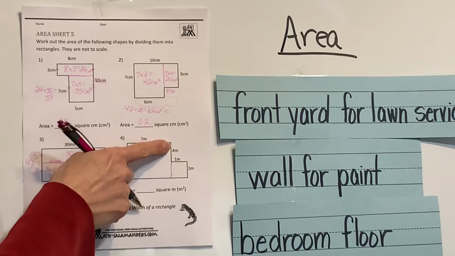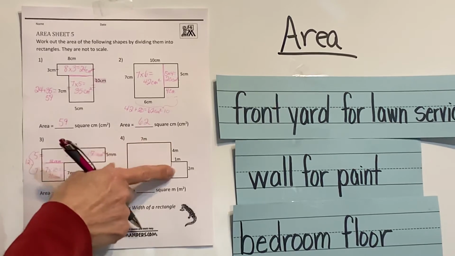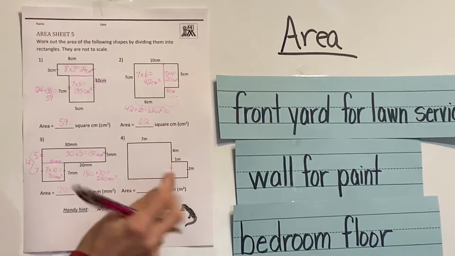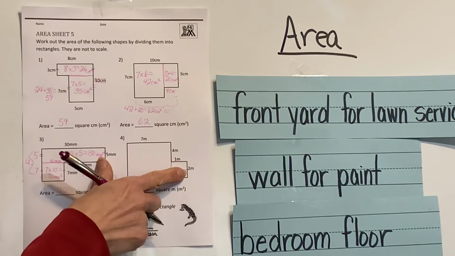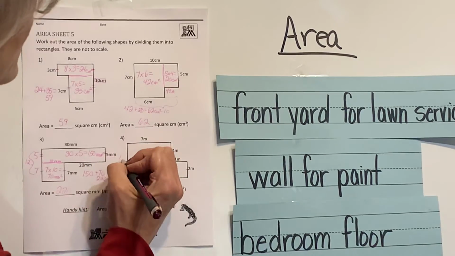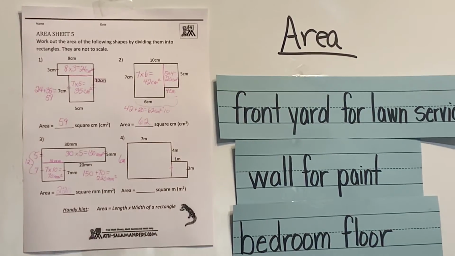So if I have 4 right here, and this line is going to be equal to this line, these two are equal. So I've got 4 and 2 more. 4 and 2 is 6. So this is going to be 6 meters.